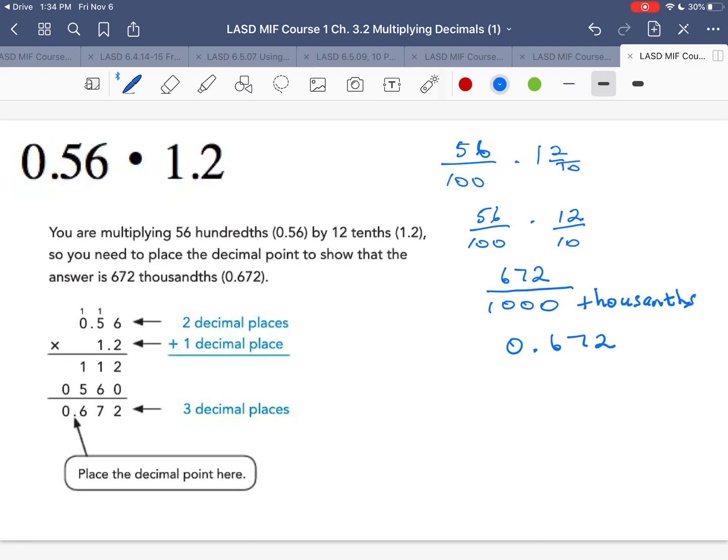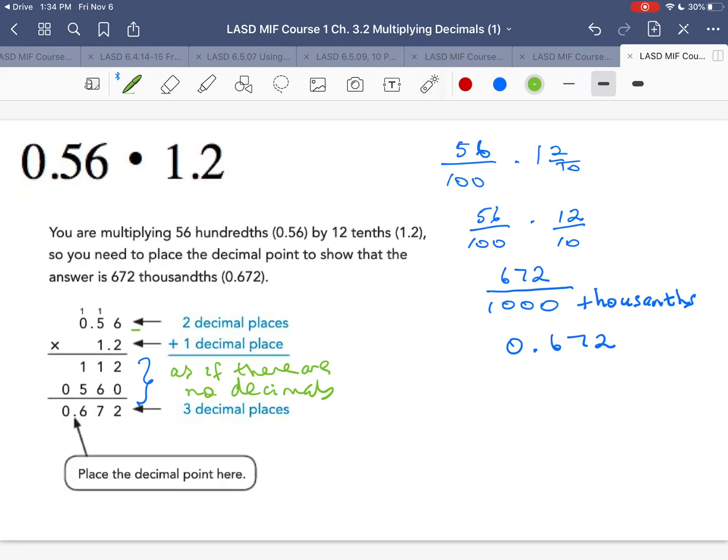So let's look over here at the left-hand side where we see it laid out as a multiplication problem. We've got 0.56 and 1.2 multiplied together as if there are no decimal places. Just multiply them, and then you get your answer, 672.